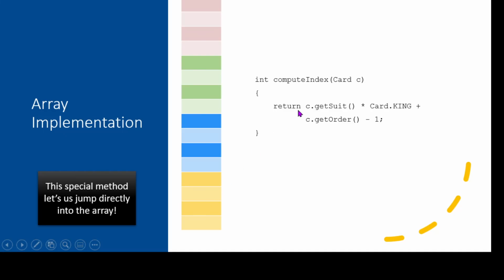And so I can point to those by saying, okay, well, let's take the suit and multiply that by some numbers. So the suit is going to have some numbers: 0, 1, 2, and 3, and they're each going to be stored at a position that's times the highest card inside of it. In this case, the king. So I started at ace and went up to king. So I'm essentially creating an array where I'm setting aside 13 spots for each suit inside of the array, and then I take that starting point and I add to it the order of the cards inside of there.